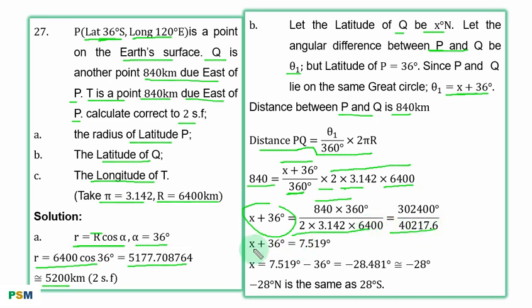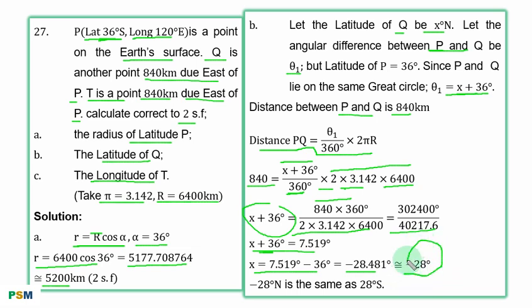After division, you have S plus 36 degrees equal to 7.519 degrees. To get S, you transfer this term to the right hand side. You have it in this form. When you subtract, you have minus 28.481 degrees. To the nearest degree, you have minus 28 degrees.